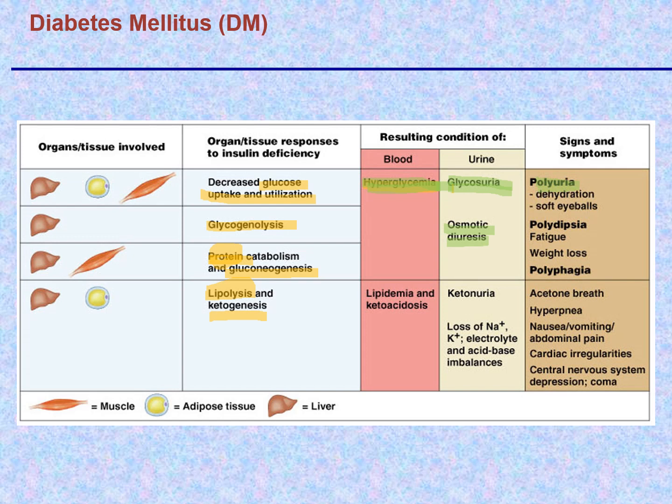You have an increase in ketones in the urine, and there are other symptoms as well. The key signs and symptoms are polyuria, polydipsia, and polyphagia, as I said before.